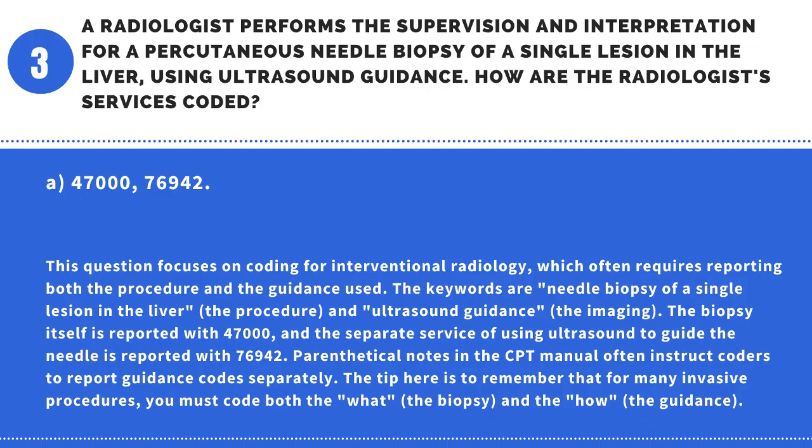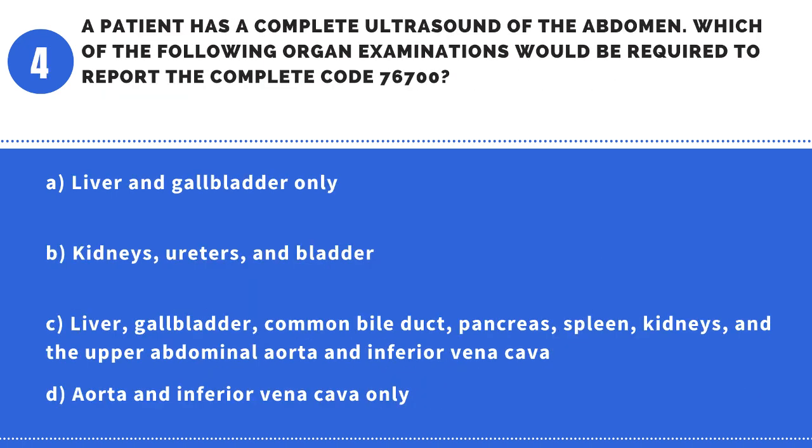The biopsy itself is reported with 47000, and the separate service of using ultrasound to guide the needle is reported with 76942. Parenthetical notes in the CPT manual often instruct coders to report guidance codes separately. The tip here is to remember that for many invasive procedures, you must code both the what, the biopsy, and the how, the guidance.